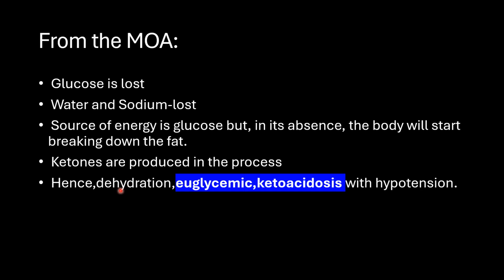Remember, water is lost, sodium is lost, so we are dehydrated, and with dehydration, we have hypotension, and already with massive ketones in dehydration and everything around us, then we'll be dealing with euglycemic ketoacidosis.